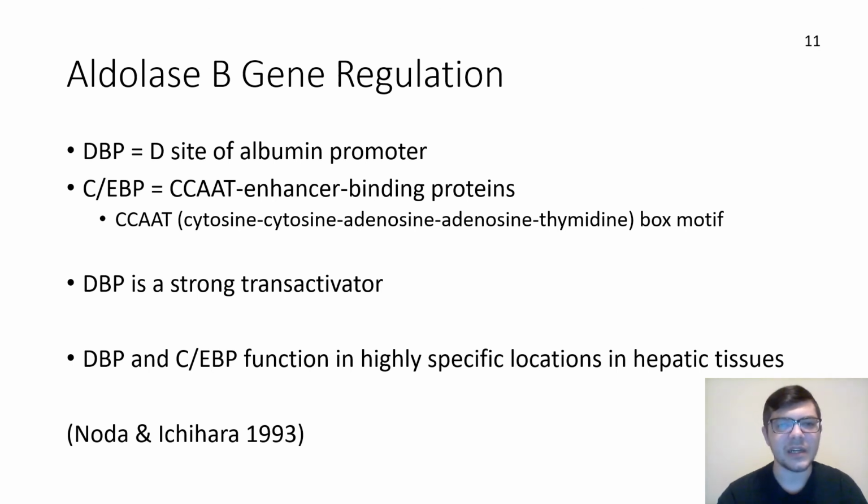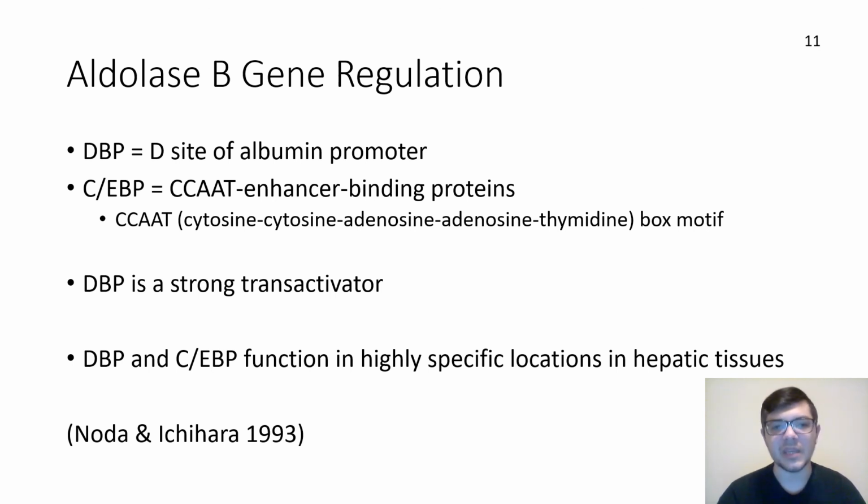So DBP, the D site of albumin promoter binding protein, is what that means, and another gene, the CEBP. That's a hard one to say. It is a CCAAT enhancer binding protein. So the CCAAT is the cytosine, cytosine, adenosine, adenosine, thymidine box motif. So in the protein that's a motif you would see that's just related to these types of genes.